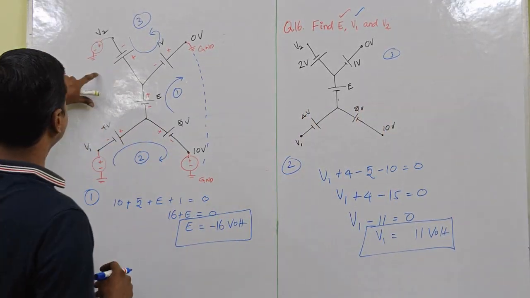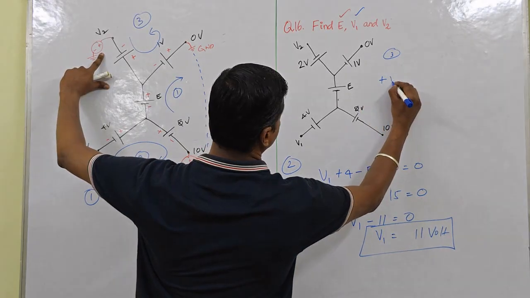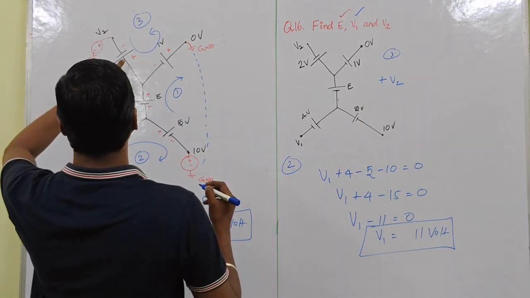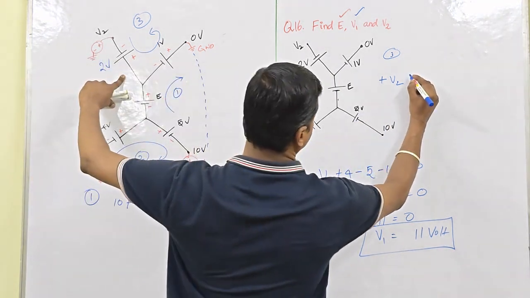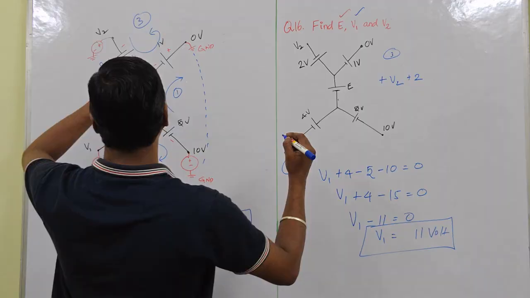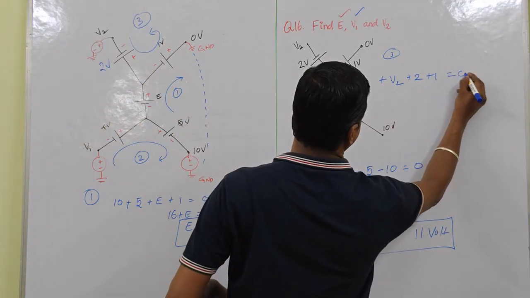So what is the loop equation? This is plus V2. This value is 2 volt. Okay, so plus 2, then plus 1 equal to 0, right?